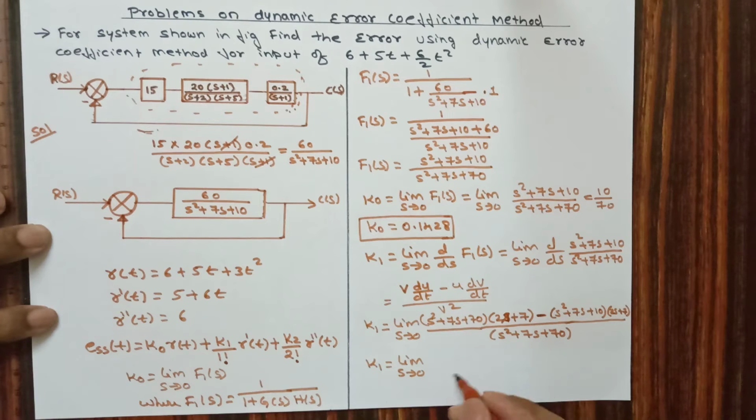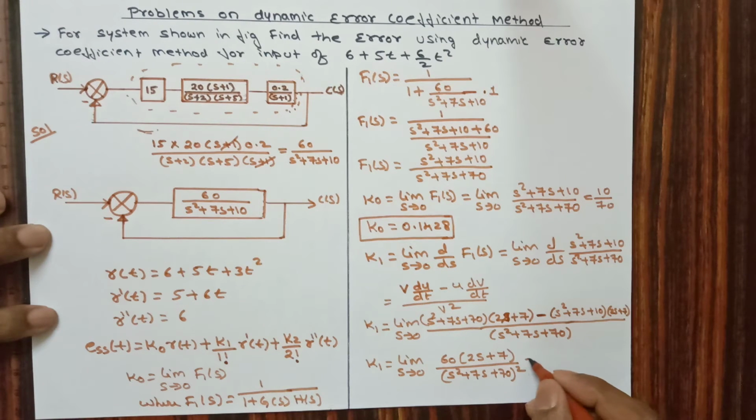Simplifying this above term, we'll get 60 into 2s plus 7 numerator value, divided by s square plus 7s plus 70 whole square, and this will be equivalent to, by applying limit s tends to 0, 60 into 7, which is nothing but 420, divided by, in this case the s terms become 0, we'll get 70 square.